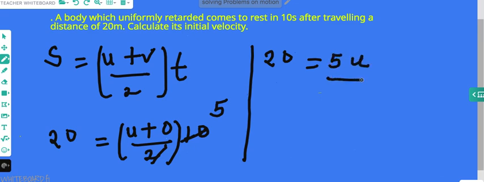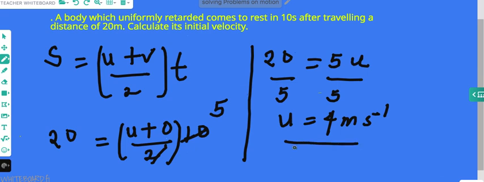Then by dividing both sides by 5, our u is equal to 4 meters per second. So that is our initial velocity.